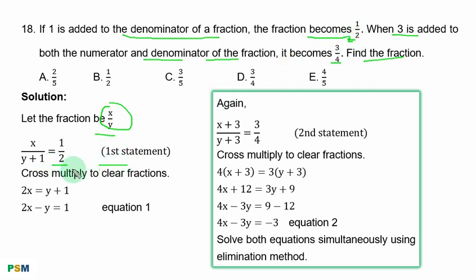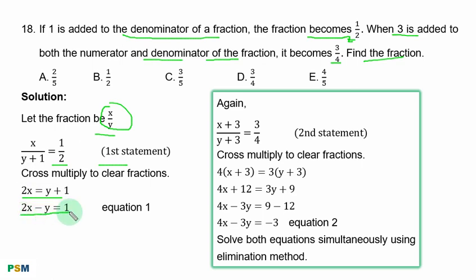First statement. Cross multiply to clear fractions. You have this result. Let's transfer the variables to one side. So you transfer plus y to the left. You have 2s minus y equal to 1.